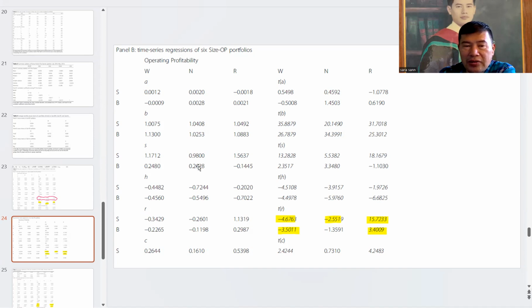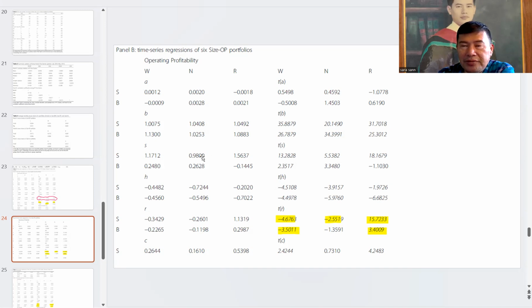Okay, so now let's take a look. Which one gives you the greatest excess return? Okay, let's see. This is 24%, 98%, and the second one is 56. Oh no, the greatest one is 156%. What does it mean? It means when the size goes up, the excess return on investment goes up 156%.